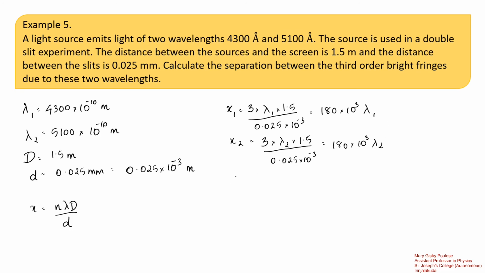Okay, so the difference or separation between these two third order bright fringes is x2 minus x1. Okay, that is given as 180 is a common term, 180 into 10 raised to minus 3 into lambda 2 minus lambda 1.